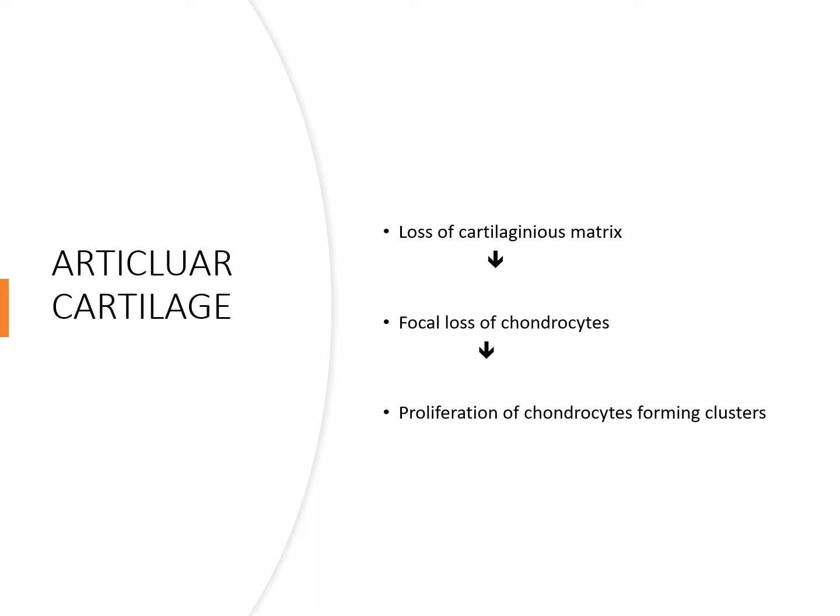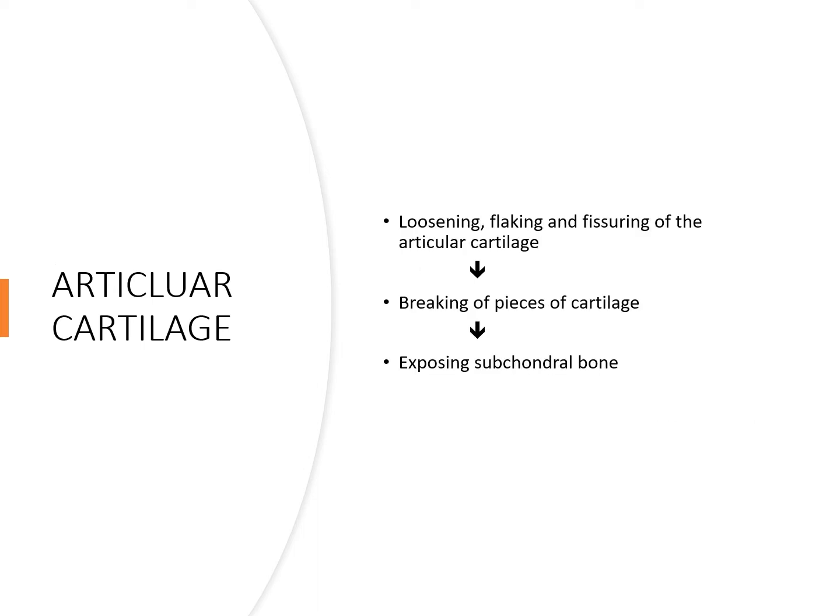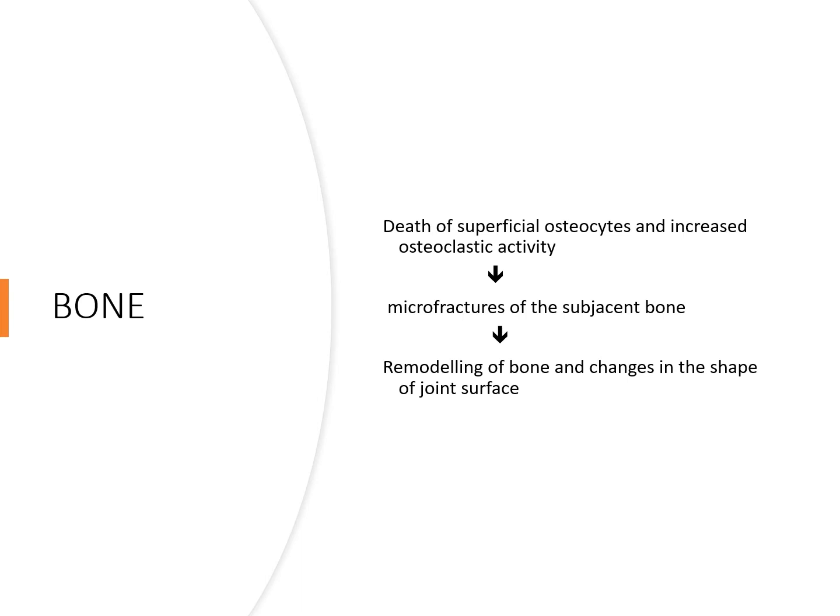Then what happens is proliferation of chondrocytes forming clusters. There is loosening and fissuring of articular cartilage, which in turn breaks off pieces of cartilage, thereby exposing the subchondral bone. So once the articular cartilage is damaged, the subchondral bone is visible.